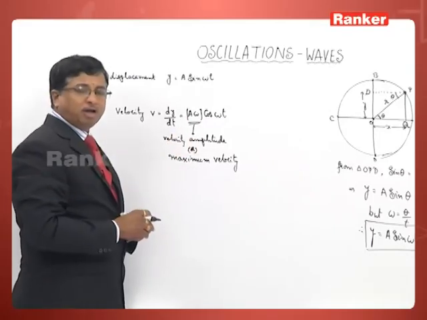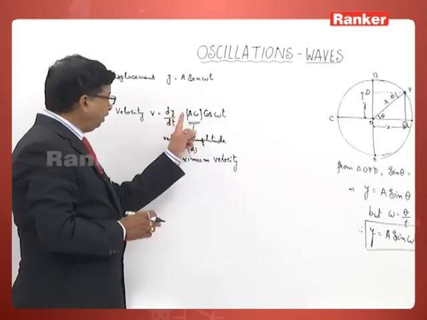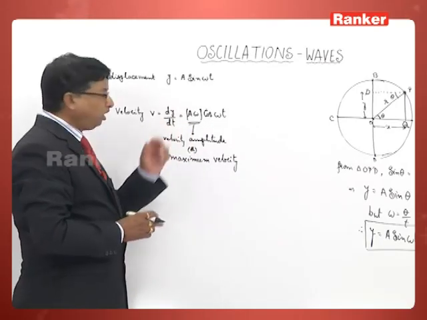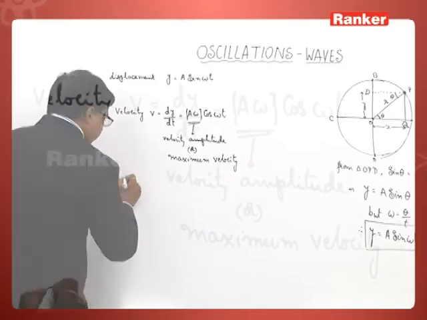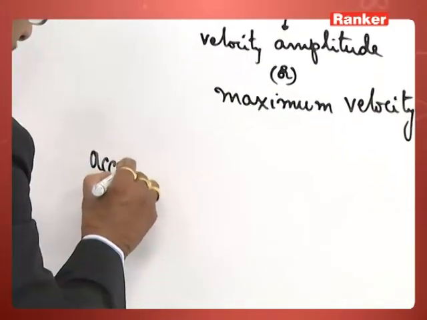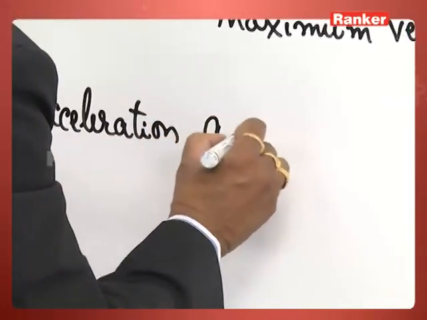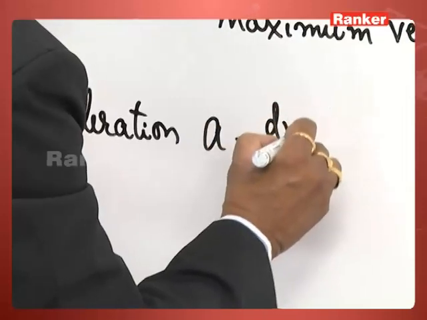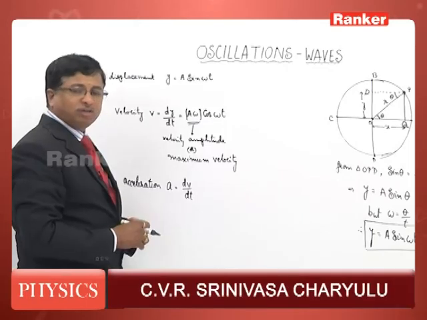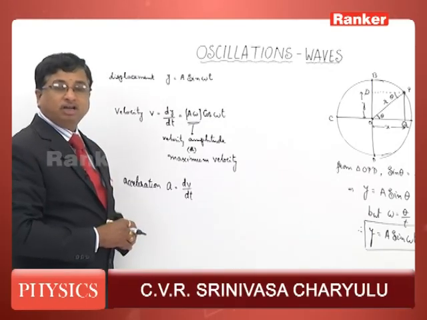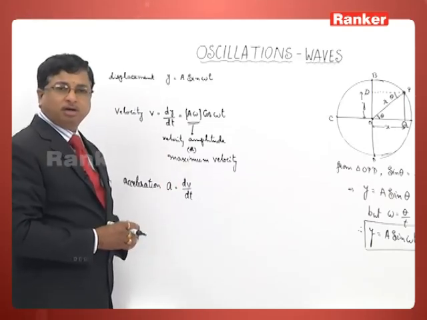What is the formula for maximum velocity of a particle in SHM? That is a omega, where a stands for amplitude and omega stands for angular frequency of the particle. If I just take acceleration of the particle now, acceleration a is equal to dv by dt, that is differentiating the velocity with respect to time, or rate of change of velocity, both are referring to acceleration of the particle only.